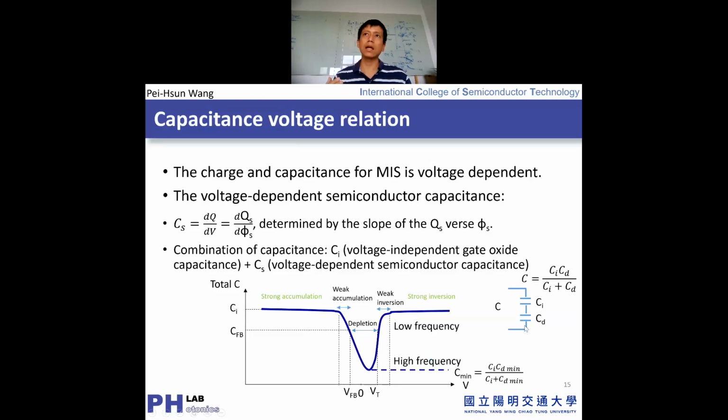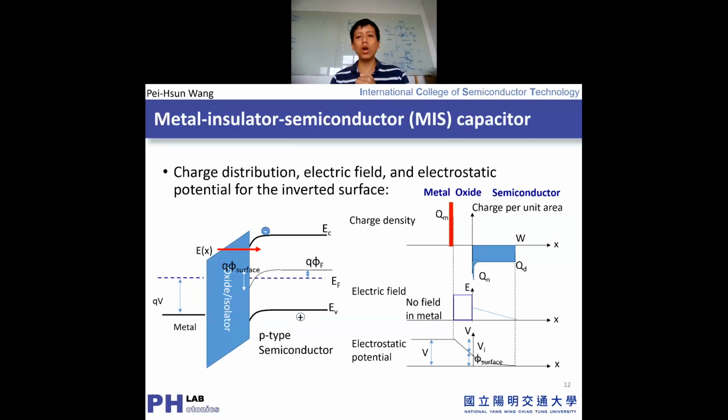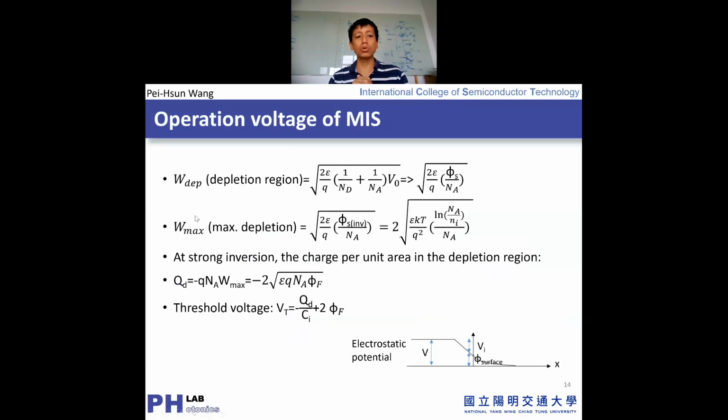We previously said that in the BJT we modulate the minority carrier in the base region. So we modulate the carrier, which is the shaded area in the BJT. And here, as you can consider, we try to modulate the charge here. Okay, so this modulation of the depletion charge will be proportional to q NA W max.